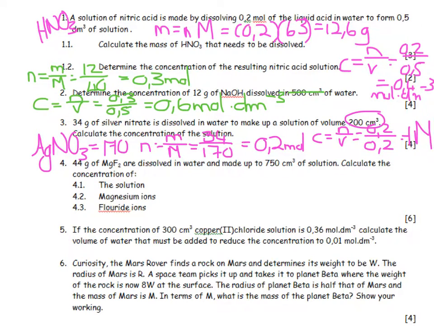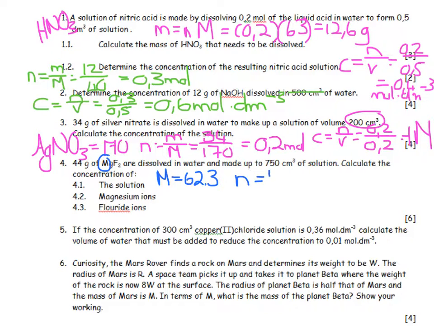I've got 44 grams of magnesium fluoride, and they're dissolved to make up a certain solution. Calculate the concentration. First thing I need is the molar mass of magnesium fluoride, and it turns out to be 24,3 for the magnesium plus 2 times 19, and I get 62,3 grams per mole.